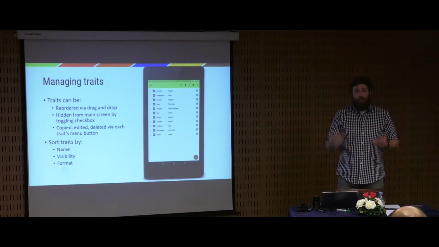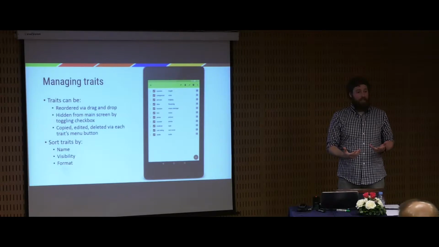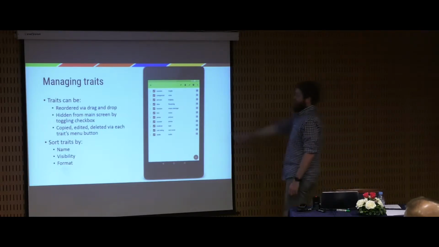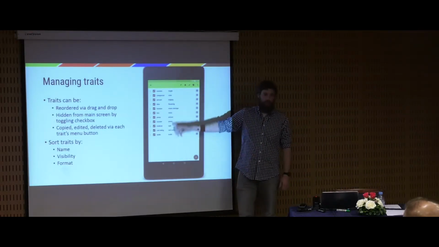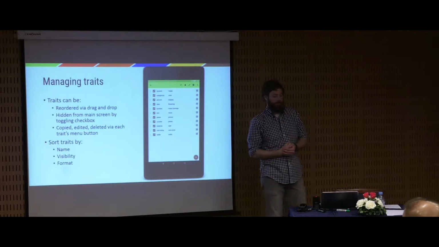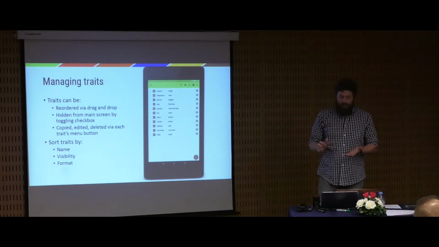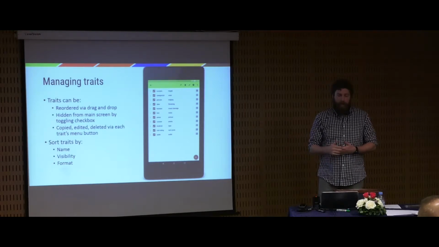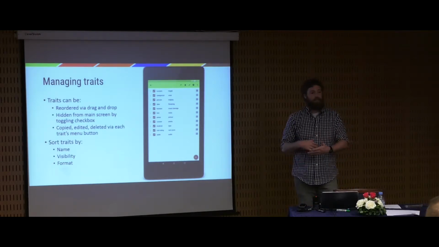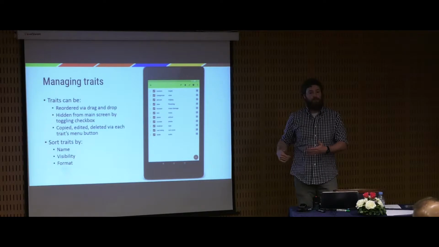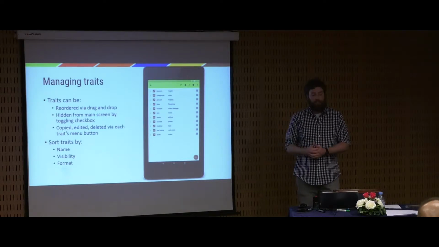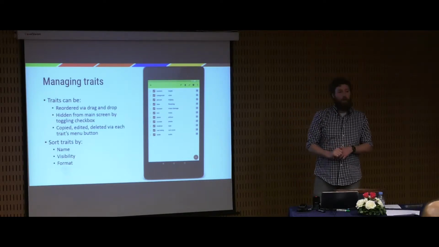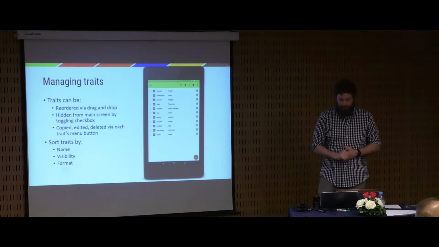If we only want to collect 3 traits at a given time, we can uncheck all of the traits and just check the ones that we want to collect. And then we can sort them by the name, the visibility, and the format. And if we want to collect the same trait at, say, multiple time points, we can copy that specific trait, and it retains all of the qualities of the parent trait as well.